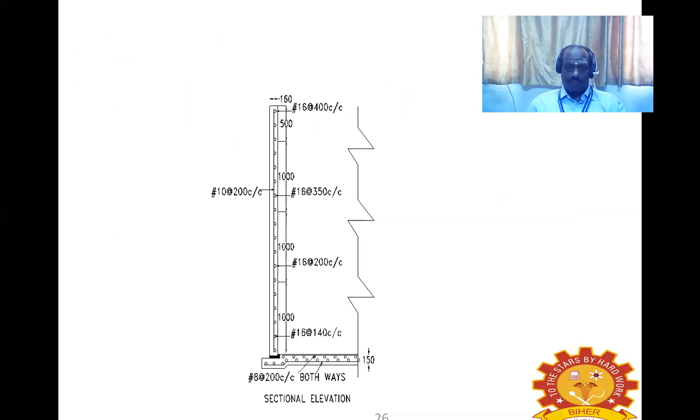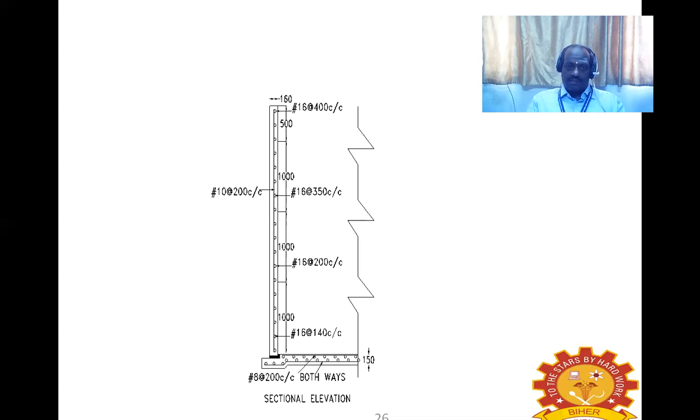So after completing, we can have the detailing by giving the sectional elevation and also the plan. Now, what we are seeing is the sectional elevation given for the section which we have designed, and the reinforcements have been marked, whatever vertical reinforcement we have given.